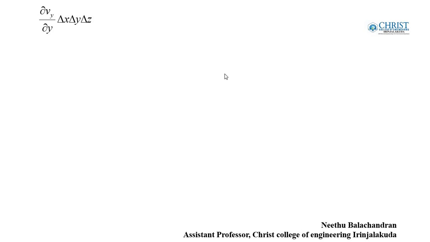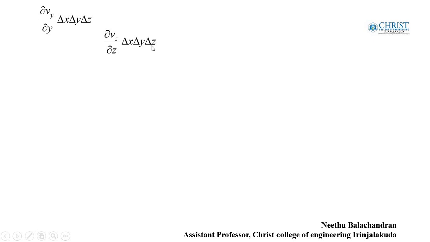So the net outward flow along the y-axis is ∂Vy/∂y, that is the change of the velocity with respect to y, into Δx Δy Δz, and similarly along the z-axis it is ∂Vz/∂z Δx Δy Δz.